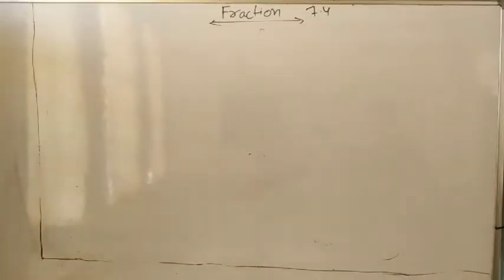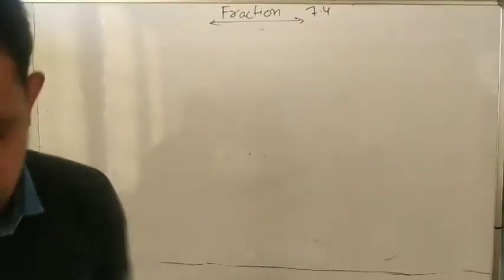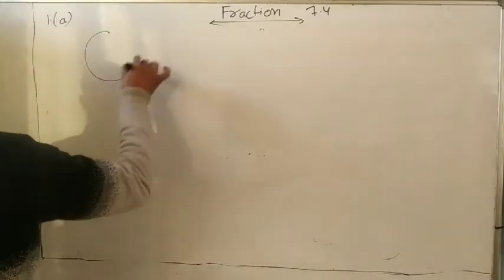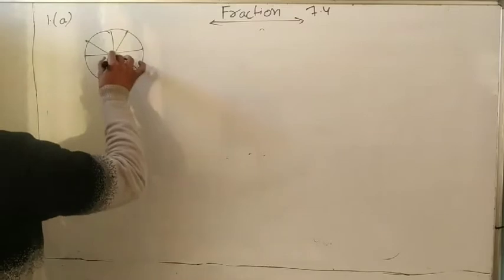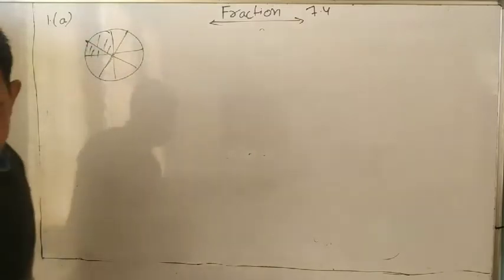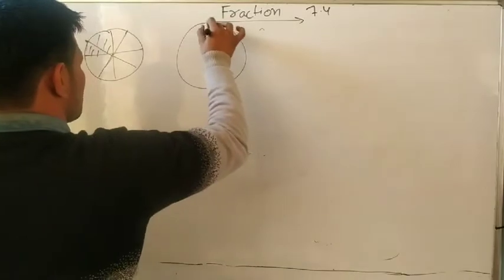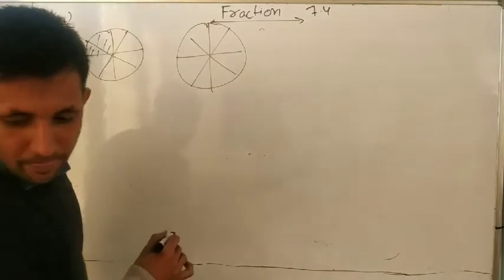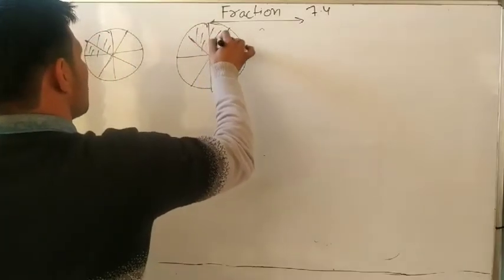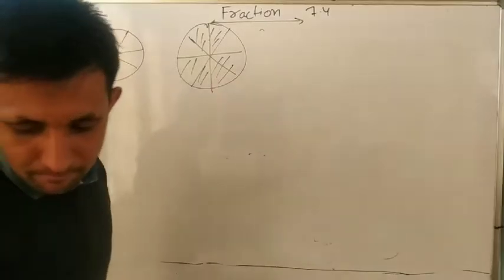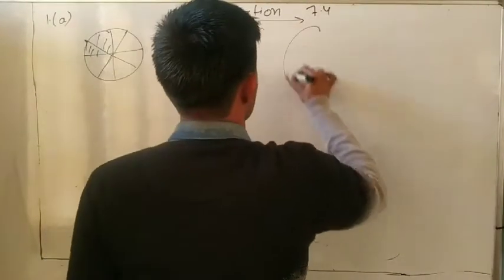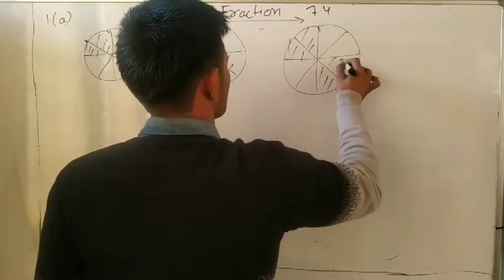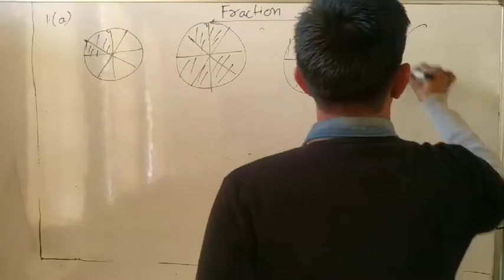Exercise 7.4, first part, first question. What is given? It is given 1, 2, 3, next is, and the last is this one.